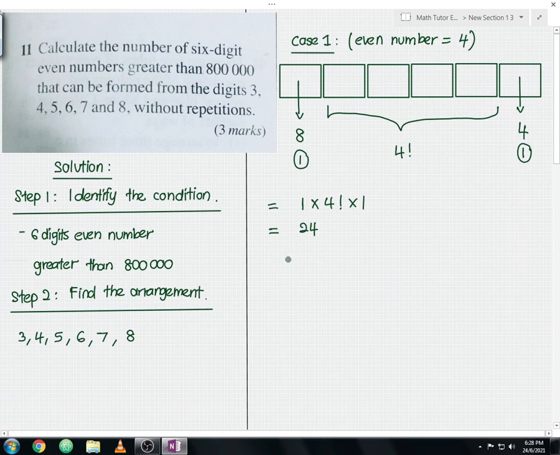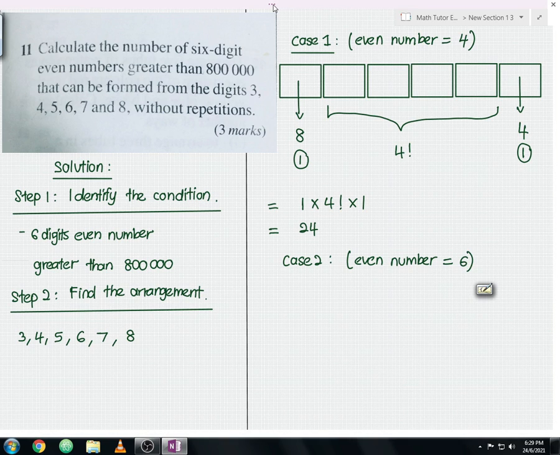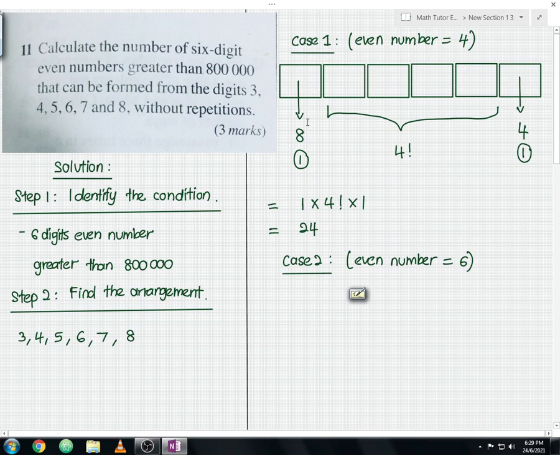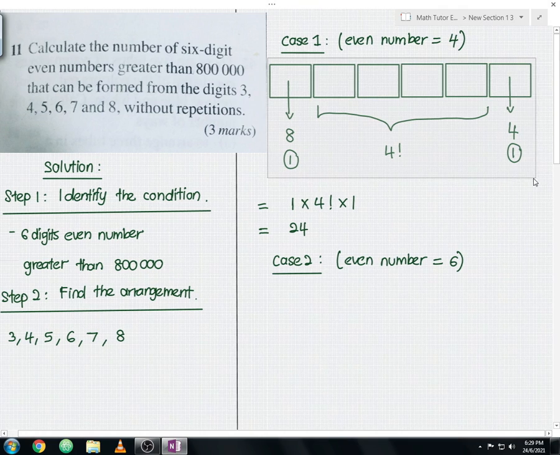Let us proceed to case 2, where your even number equals 6. Let me underline this. We're going to use a similar block, so let me just copy paste this.